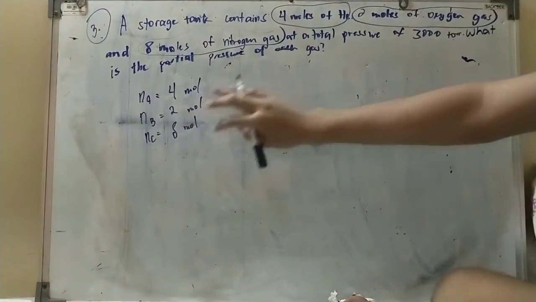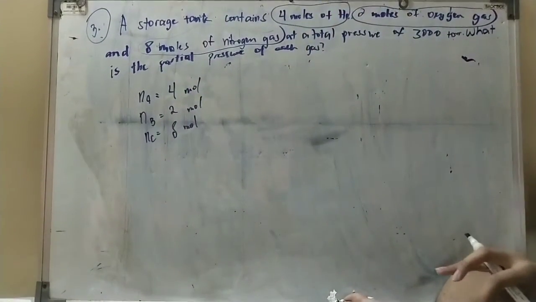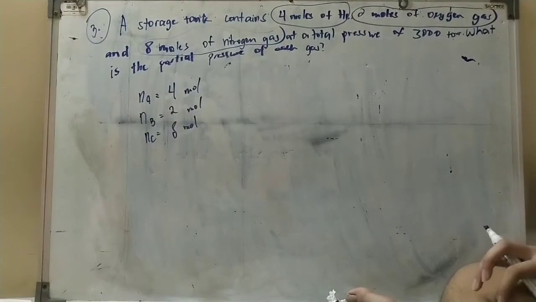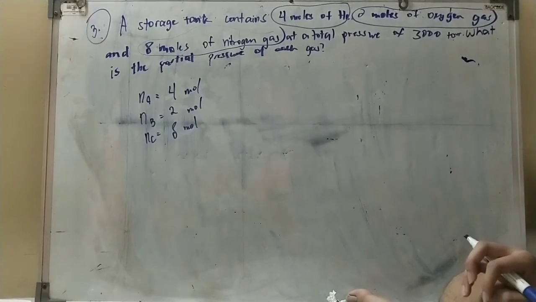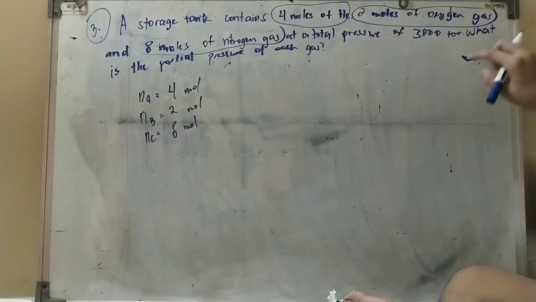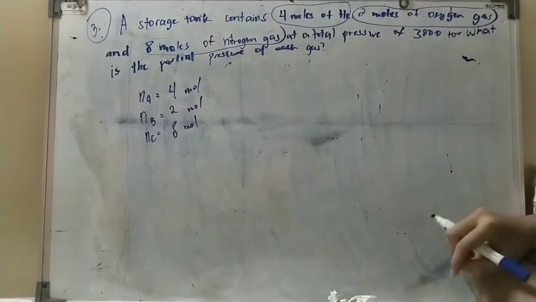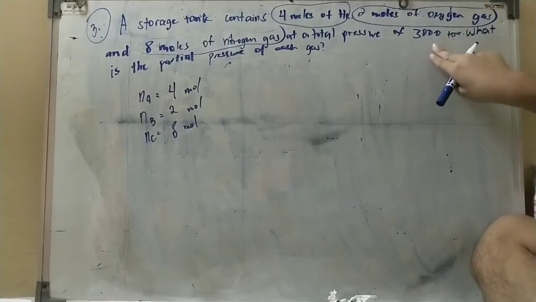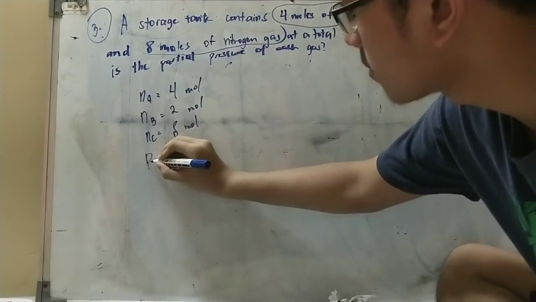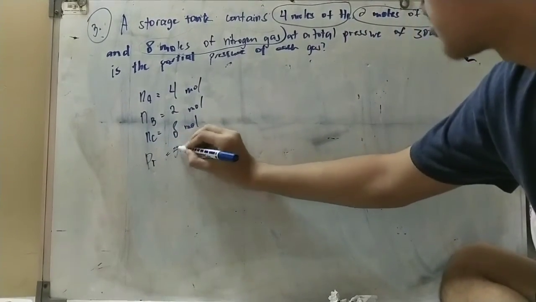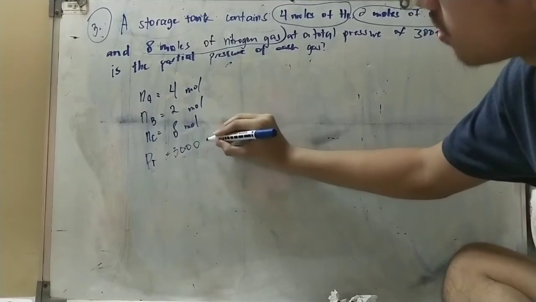A, B, and C are just representing the given values I see in the problem. Now, since the question is what is the partial pressure of each gas, we need to write first the total pressure. So the total pressure is 3000 torr.